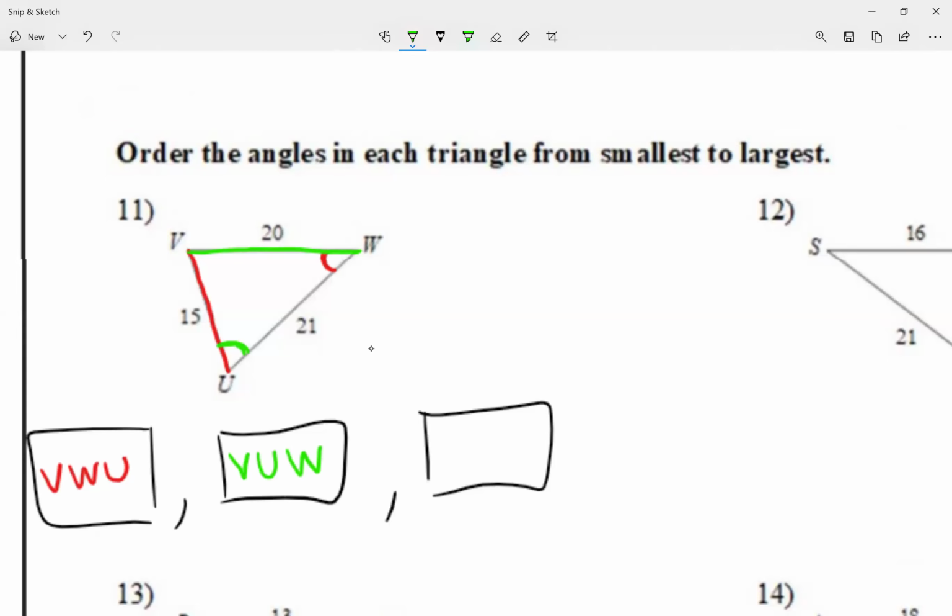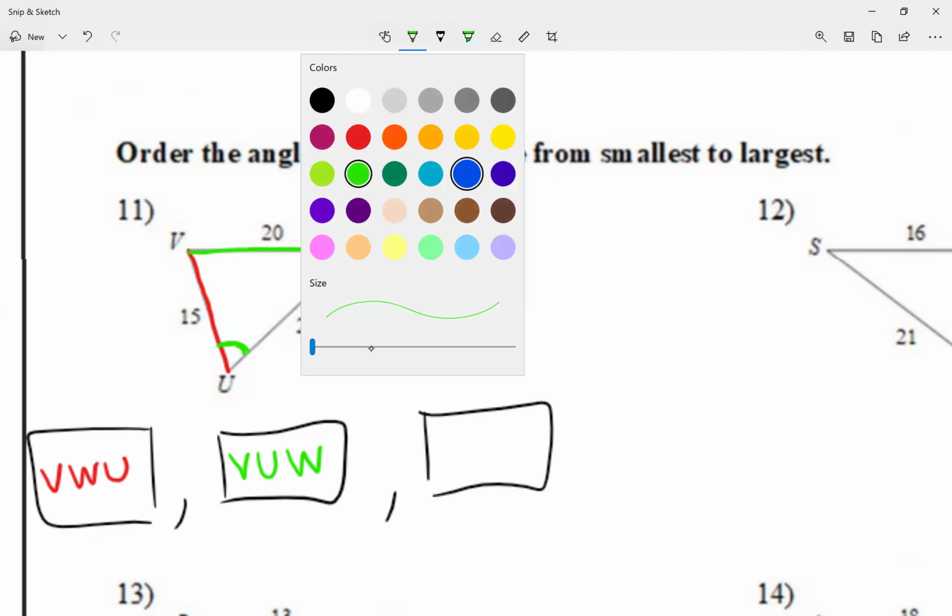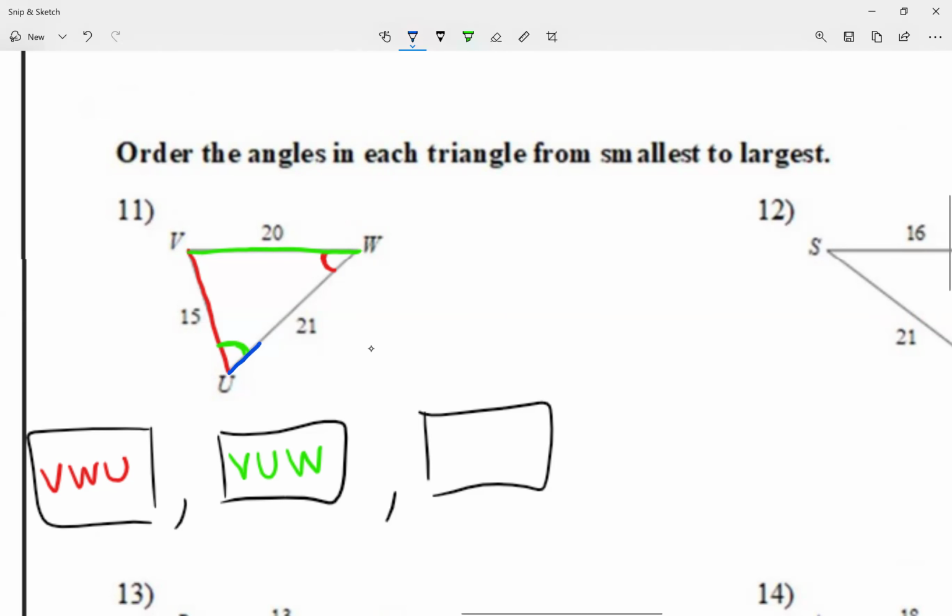And then lastly, the biggest side is 21, opposite from this corner. I'm going to use all three letters, but V is in the center. So let me call this U V W, all capital letters, okay? If you call it W V U, you're fine.